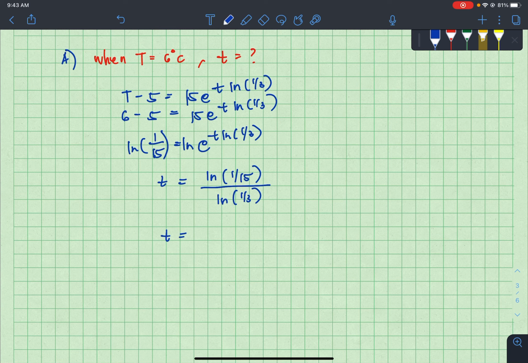However, I do have the answer already. This is approximately 2.46 minutes. So that will be the time to reach 6 degrees Celsius.